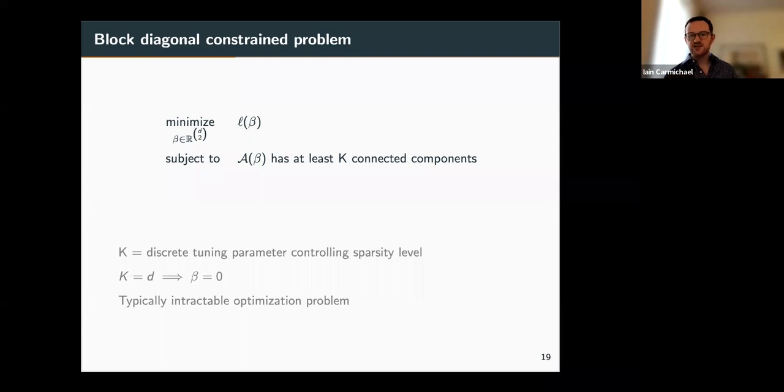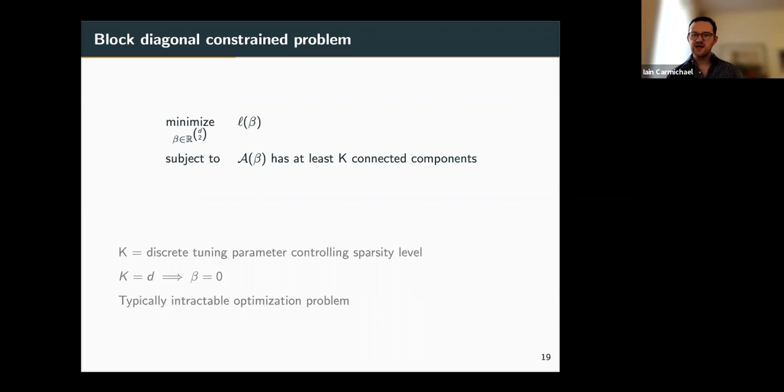So we have some loss function and some coefficient vector beta. And remember, beta is always going to be D choose two-dimensional. And we're going to assume we have some way of viewing beta as the edges of a graph, or the upper triangular entries of a symmetric matrix. I'm going to minimize our loss function subject to the constraint that our graph has k connected components.